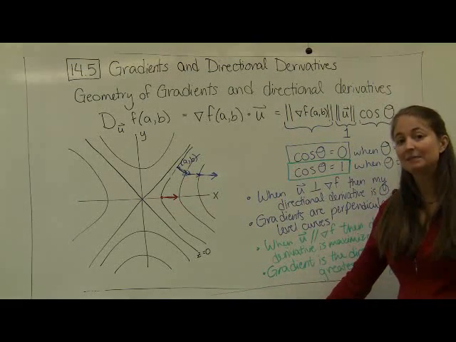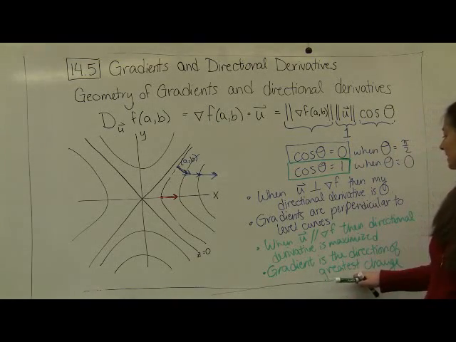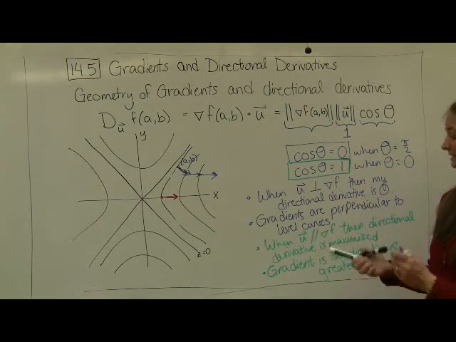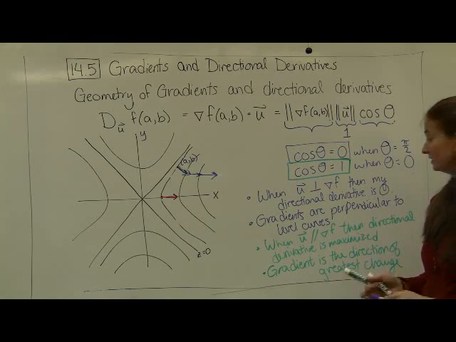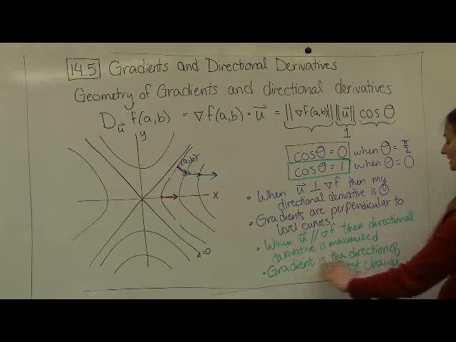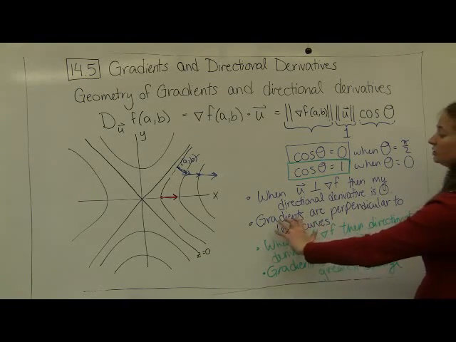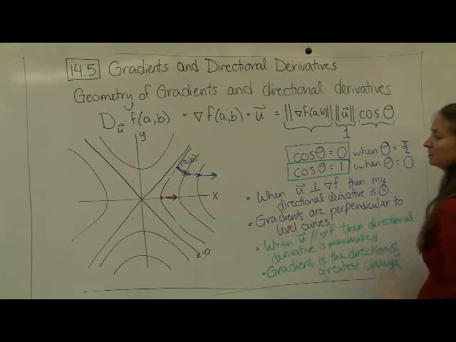So the gradient measures the direction of steepest ascent. That's exactly what we found out by analyzing the geometry of these directional derivatives. So there are two conclusions here. One conclusion is that the gradient is the direction of greatest change, and another conclusion is that gradients are always perpendicular to level curves.